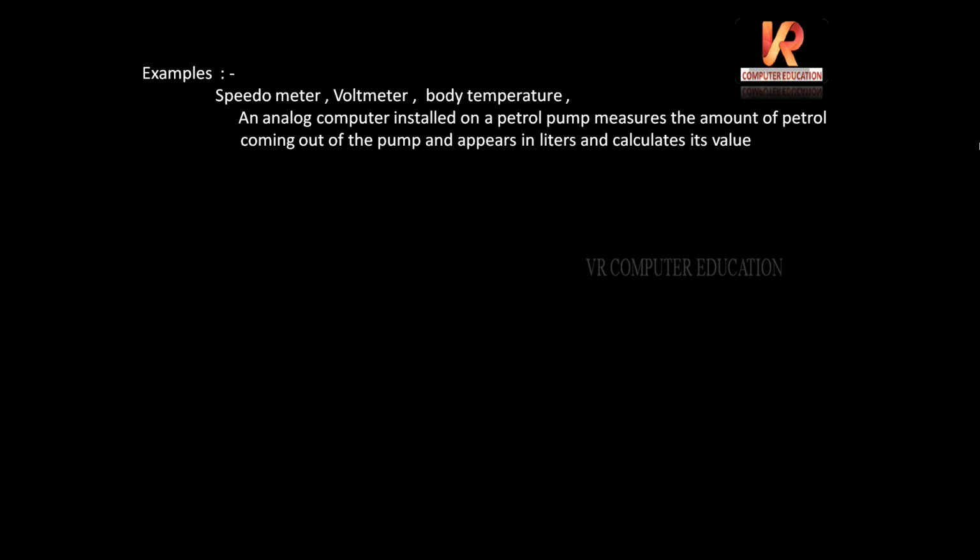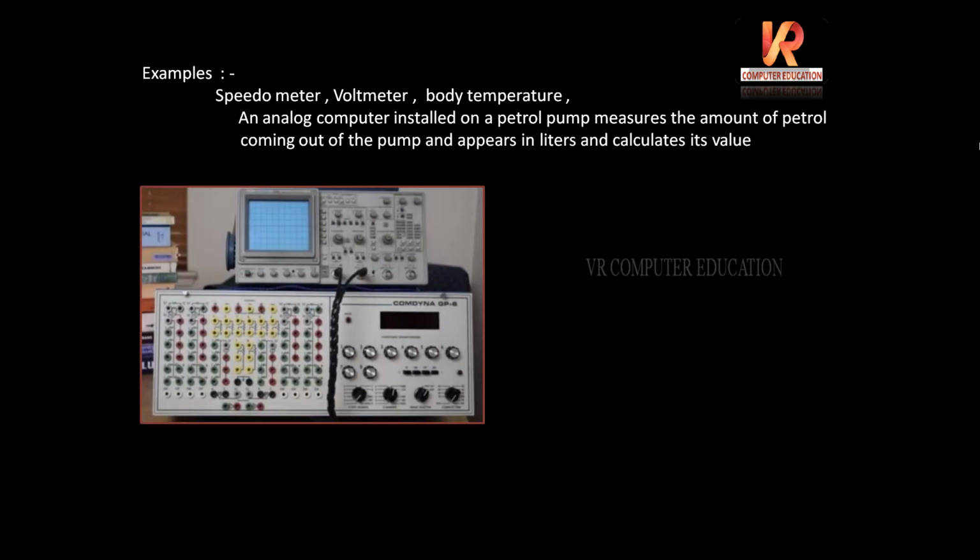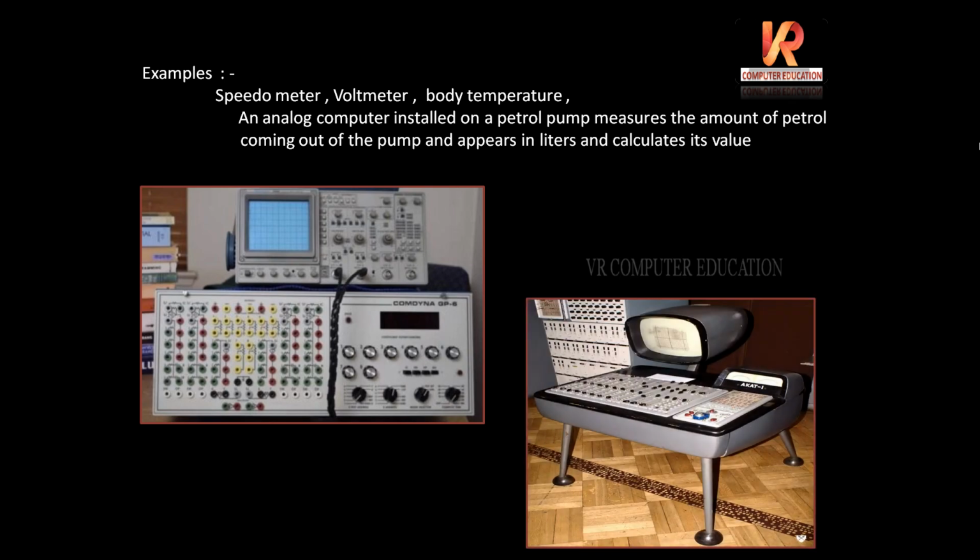When he starts pouring petrol in a tank, the numbers continuously go on. It measures how much petrol, like 1 liter, 2 liters, and how it appears. It also calculates its value. So this is the best example for an analog computer. We'll see some diagrams of analog computers like this. So these are analog computers. Next we'll go for digital computer.